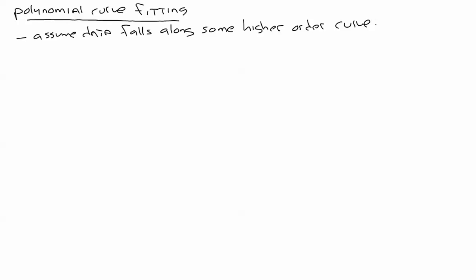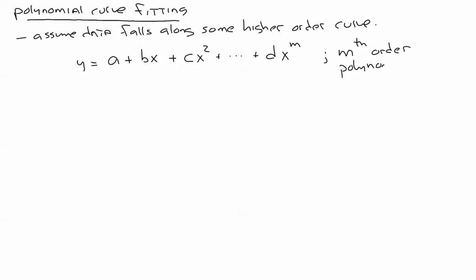A lot of textbooks will write a polynomial something like this: y equals a plus bx, that's the linear part, plus cx squared plus, all the way up to dx to the nth power. So this would be an nth order polynomial.